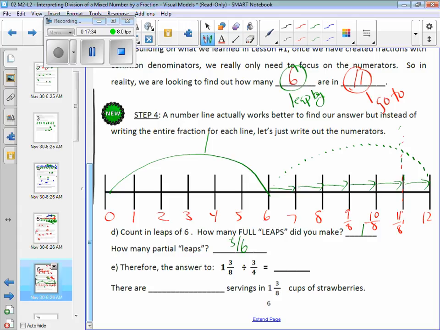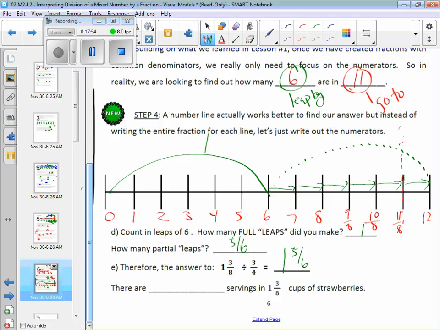This is always the hardest part for students because they want to say 1 and 5/8, because our denominator is an 8. Our denominator of our answer is not necessarily going to be an 8. So this is the part that can get confusing: how to determine how much of that partial leap is in the full.